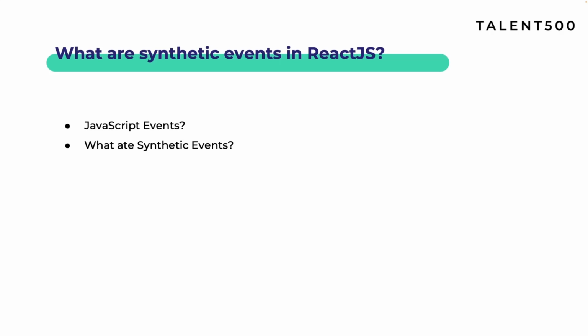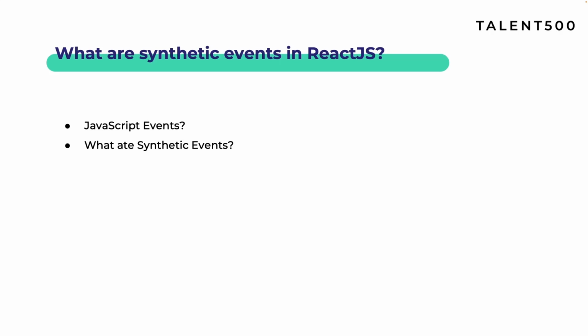So when you have to handle events, it should not really behave differently from browser to browser, right? So React has created a wrapper, a cross-browser wrapper around the browser's native event. That is what is called a synthetic event or the synthetic event system.